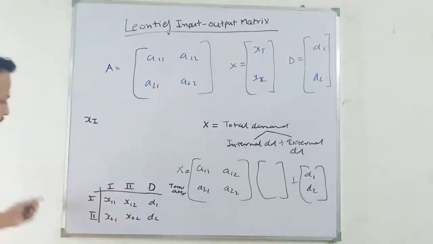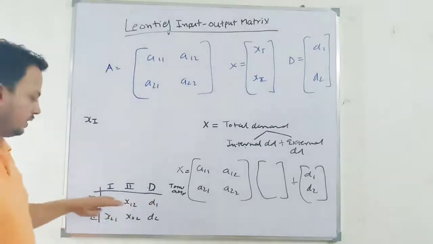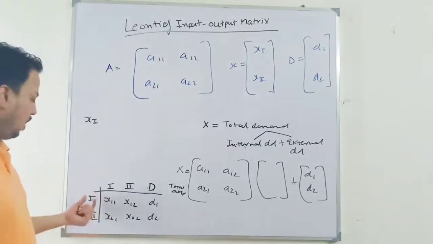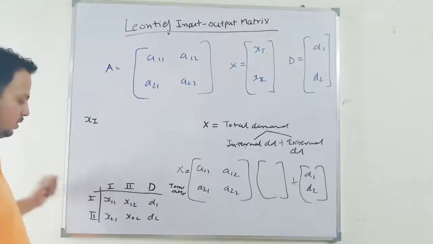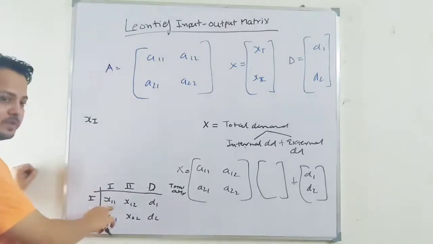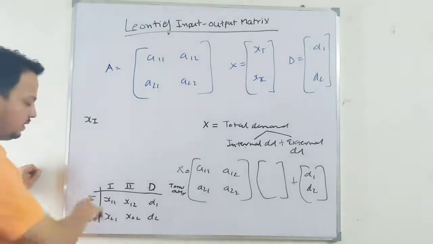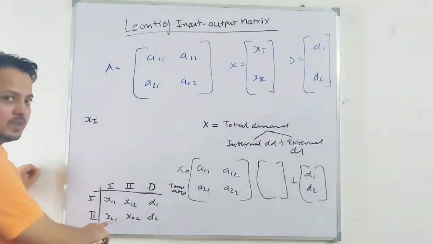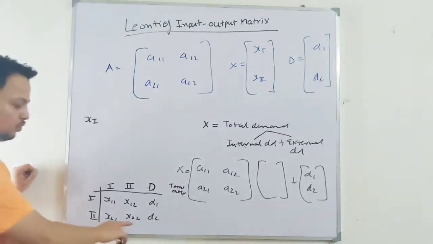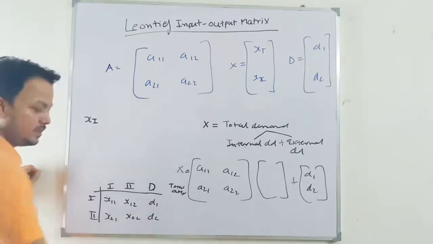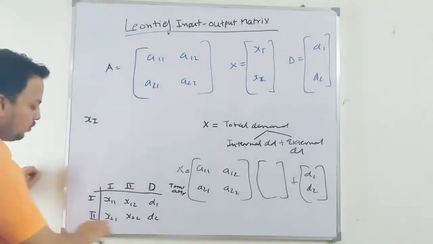Here this row represents output of first industry: the output of first industry used by first industry, output of first industry used by second industry, plus external demand from first industry. This is output of second industry used by first industry, output of second industry used by second industry, plus external demand from second industry.